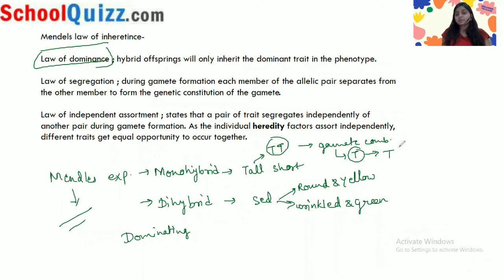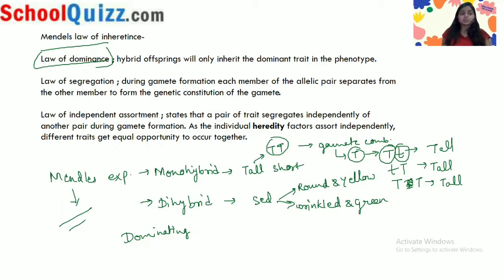So if it is T and T, or T and t, both with capital T, the tall plant will be produced. Why? Because the T, which is the dominating gene, dominates over the small t.